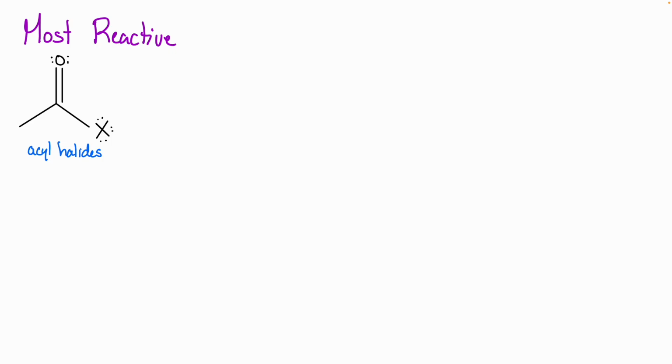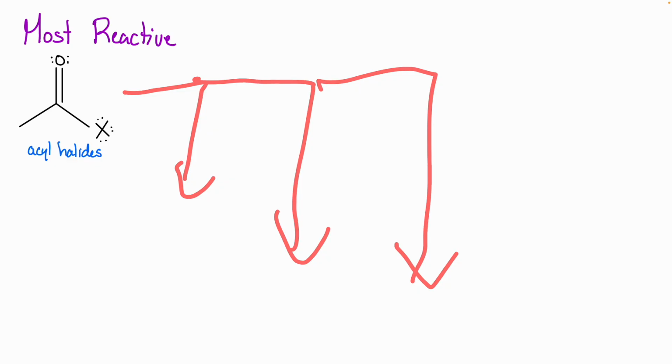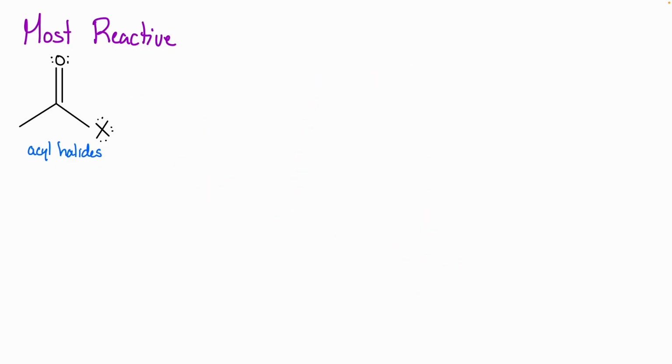What we're going to see is that means that it's easy to convert these acyl halides into any of our other carboxylic acid derivatives, all right? So we can convert something more reactive into something less reactive. Since acyl halides are the most reactive, they can be converted into all the other carboxylic acid derivatives. All right, the next one on our reactivity list are those acid anhydrides.